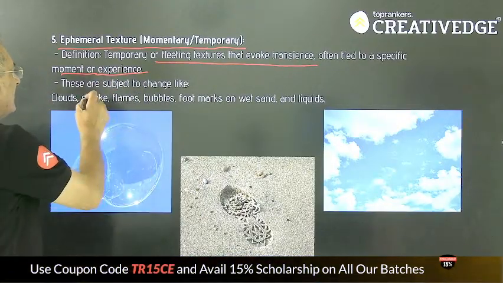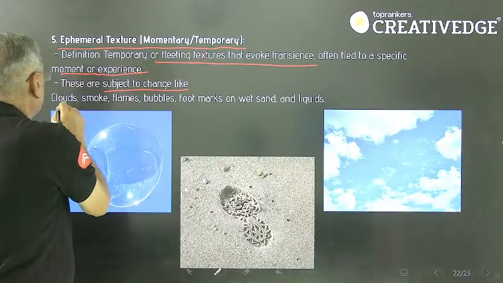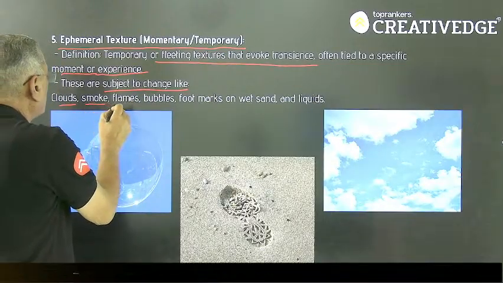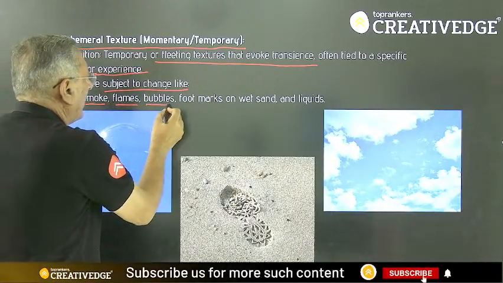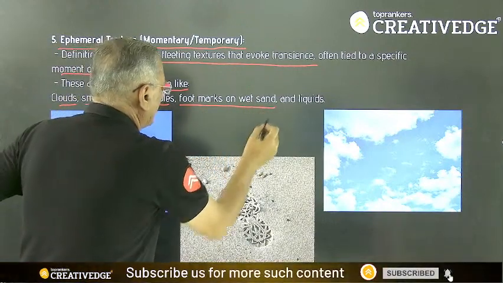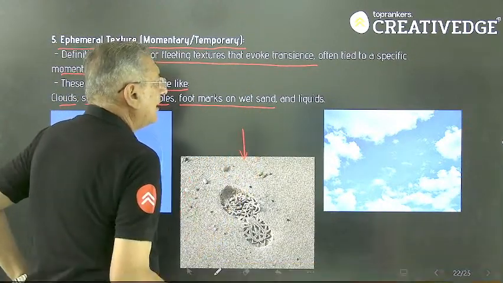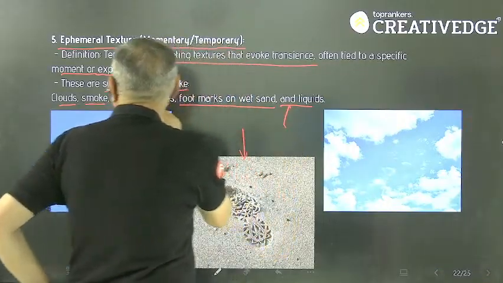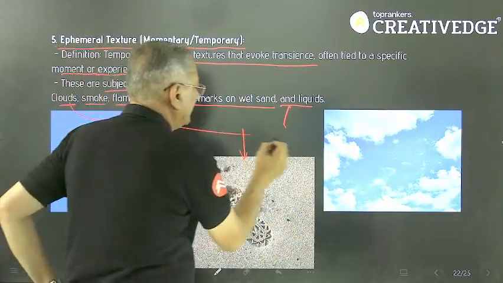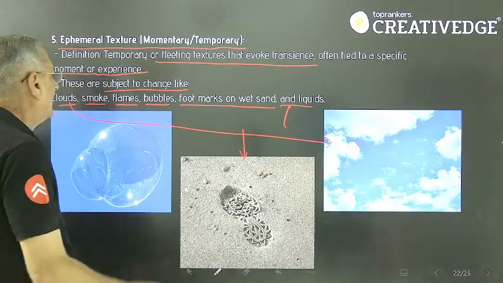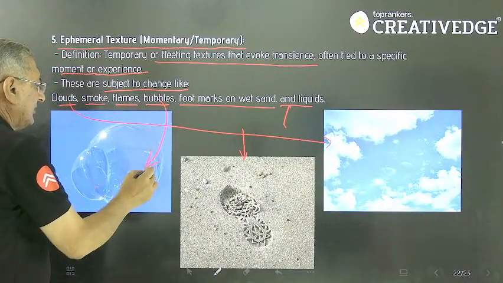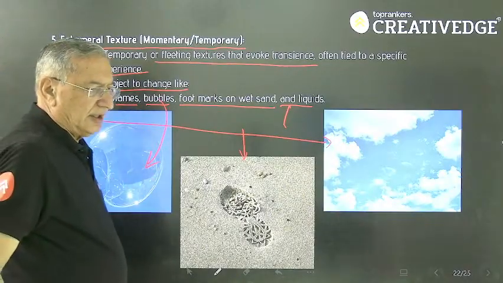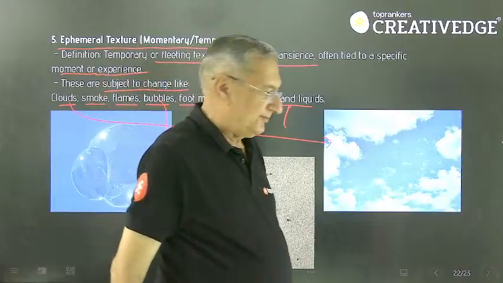These are subject to change like clouds, smoke, flames, bubbles, footmarks on wet sand, and liquids. Now these are the clouds. These are the bubbles. All these are ephemeral texture.